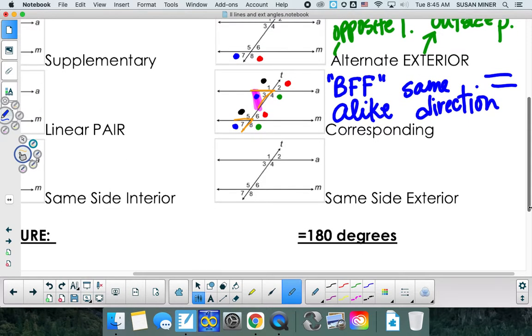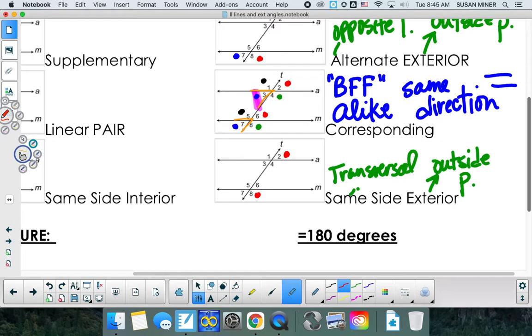Okay, same side exterior angles then. Remember, same side refers to the transversal. They are on the same side of the transversal. And exterior means outside the parallel lines, right? So the outside of the parallel lines. An example would be 8 and 2.